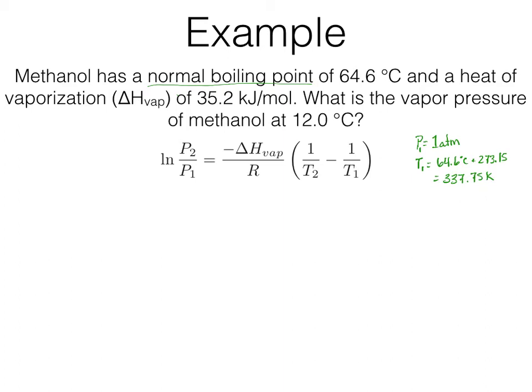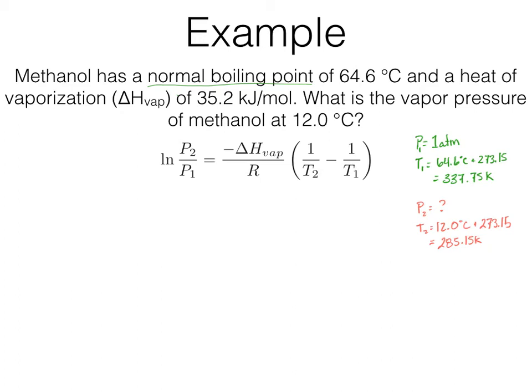For our second point, P2 is what we want to find, and T2 is 12.0 degrees Celsius, and if I add 273.15 to get it to Kelvin, I get 285.15 Kelvin.